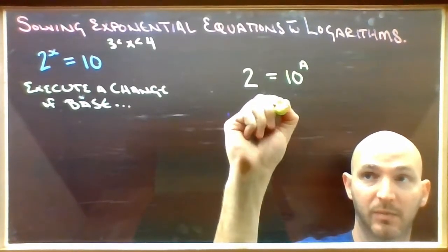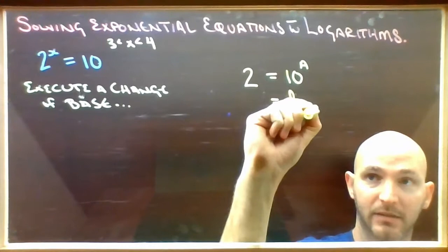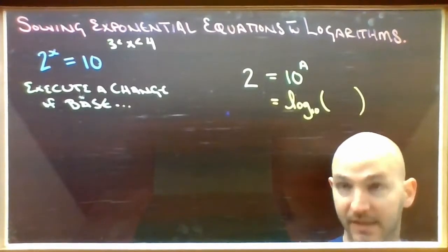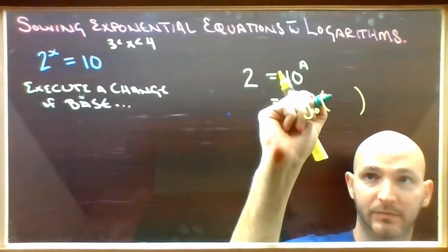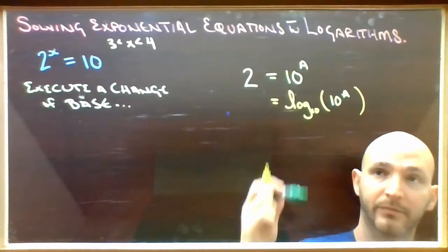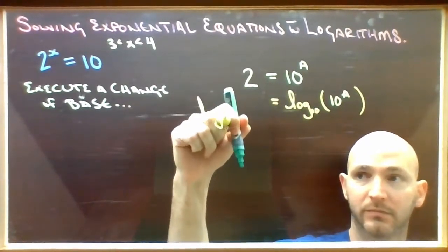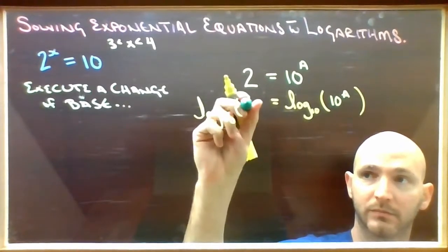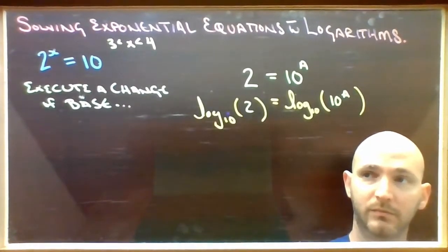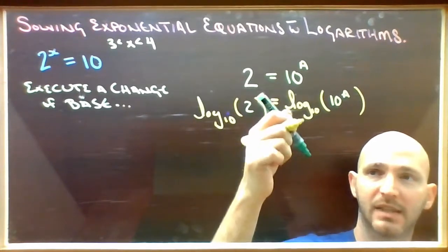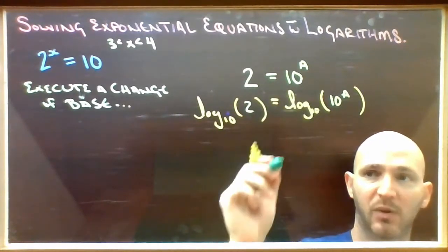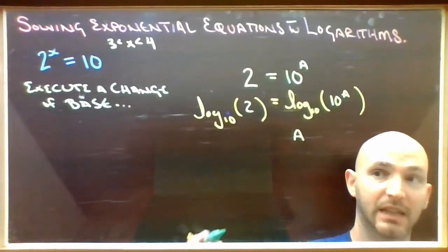So I'm going to apply log base 10 onto this 10 to the exponent a. And if I do it on one side, I have to do it on the other. And so this log base 10 of 10 to the exponent a leaves me with just a.